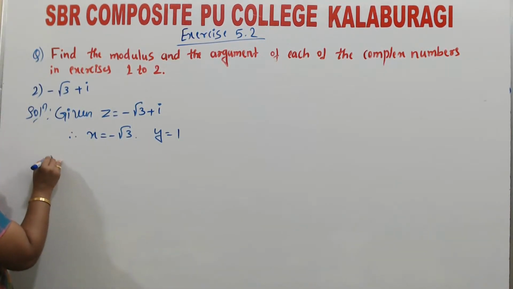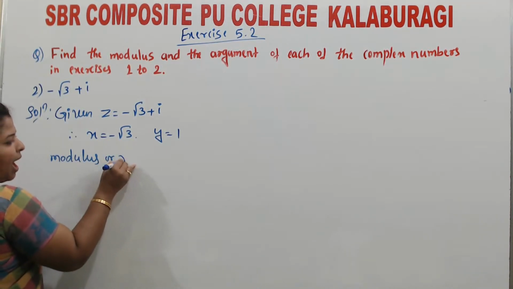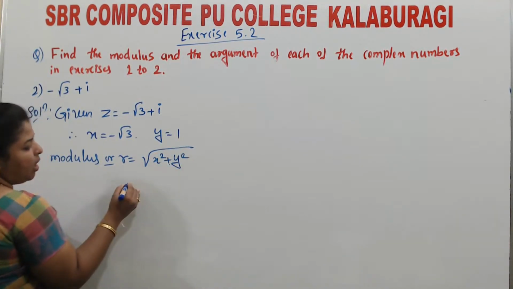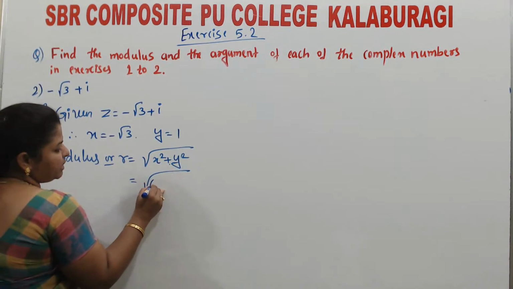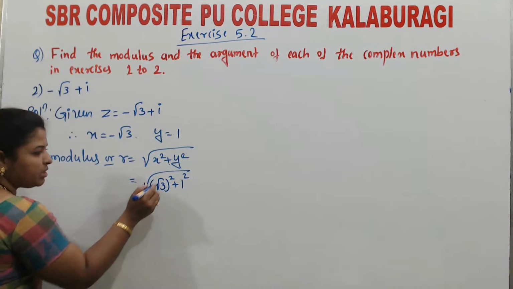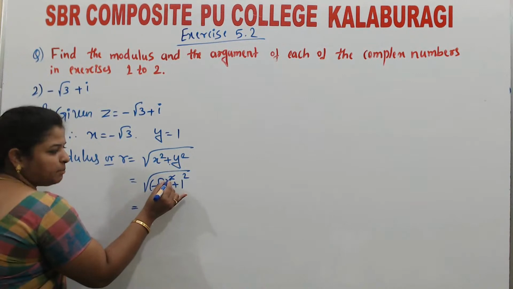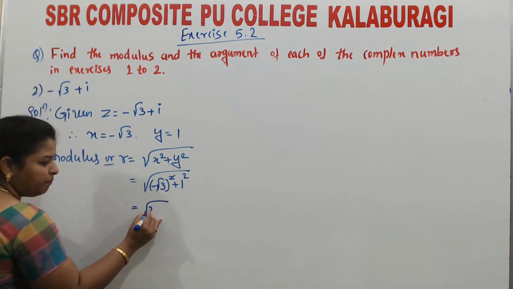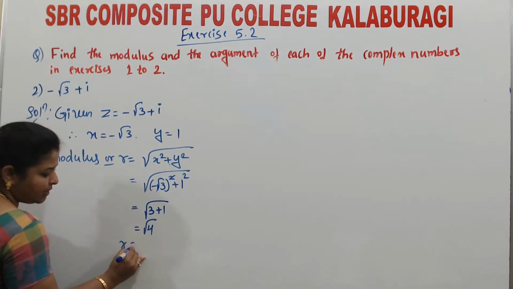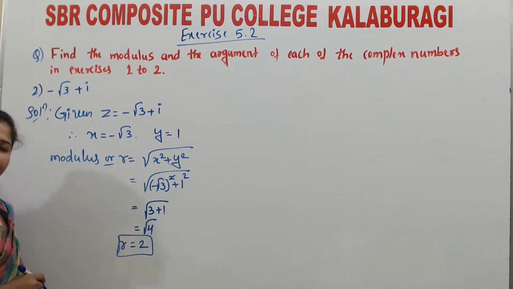Then for finding modulus, r is equal to square root of x square plus y square, which is equal to square root of minus root 3 whole square plus 1 square. Then the square root cancels, and the square of a negative becomes positive because the power is even. Therefore 3 plus 1 is equal to 4. Therefore r is equal to 2. This is the modulus of the given complex number.